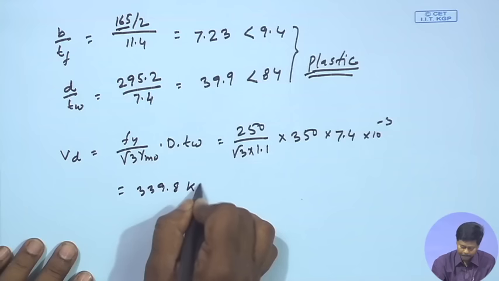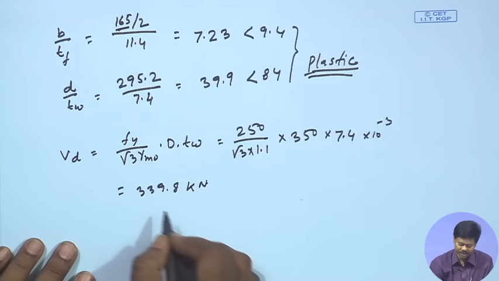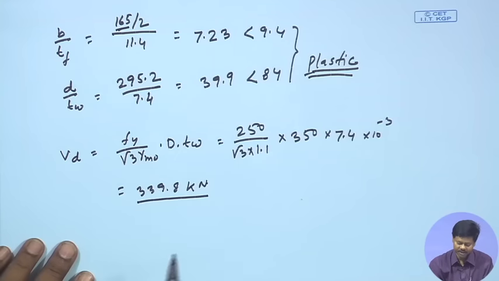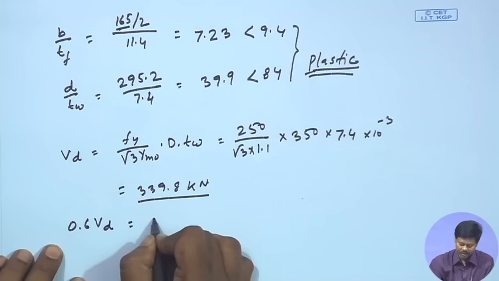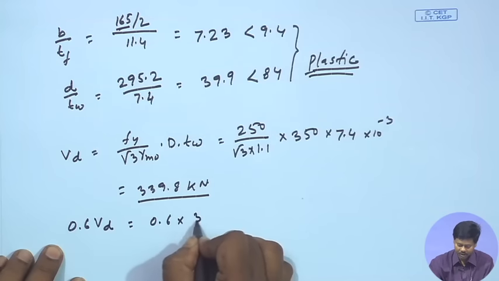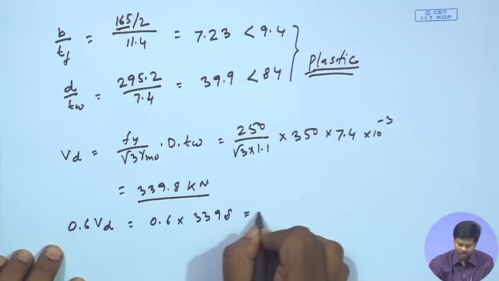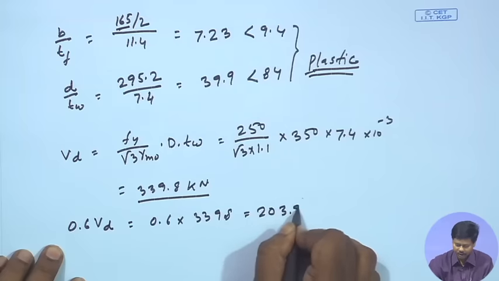this will become 339.8 kilonewton. So, design shear strength of the section is coming 339.8, and we have to check 0.6 Vd, that is 0.6 into 339.8, which is equal to 203.9 kilonewton.